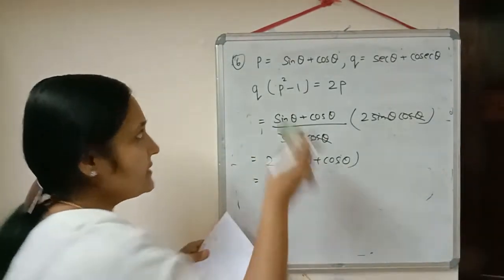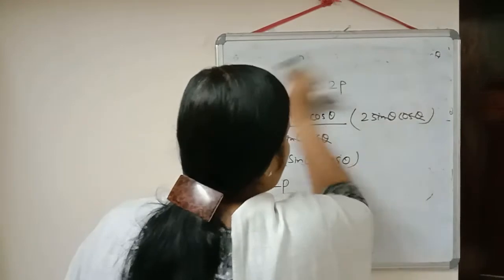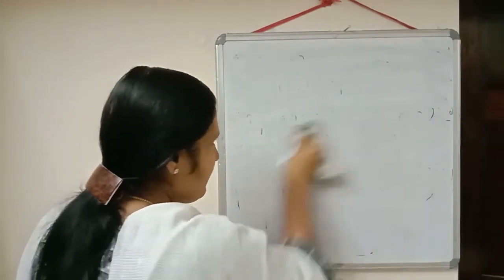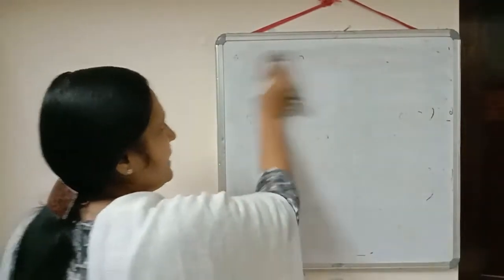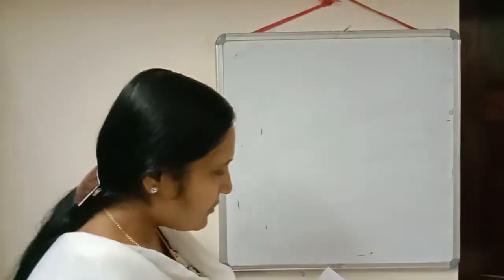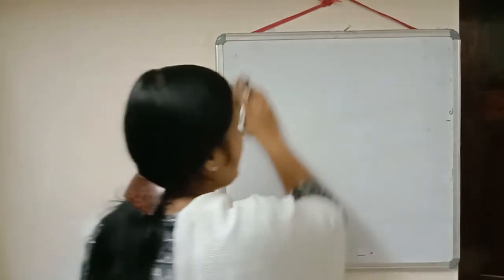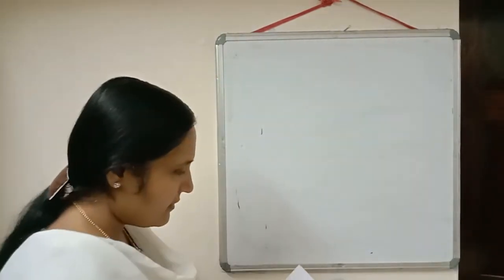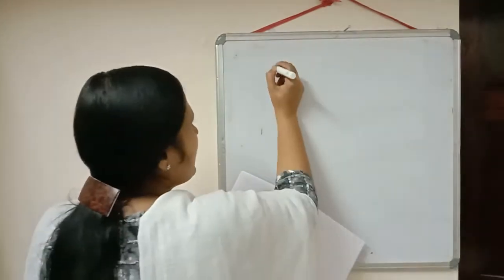Question number 7 is, if P is equal to sec theta plus tan theta. Just to write down there. If P is equal to sec theta plus tan theta, show that P square minus 1 by P square plus 1.